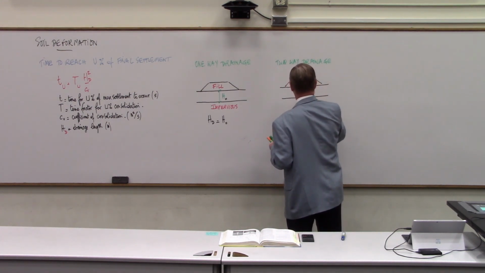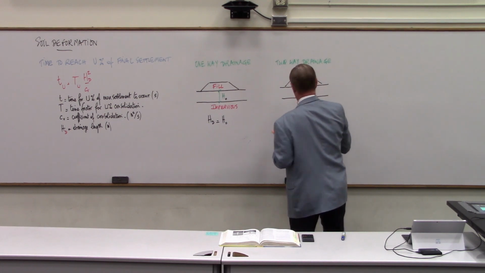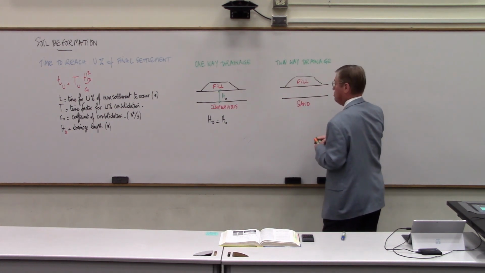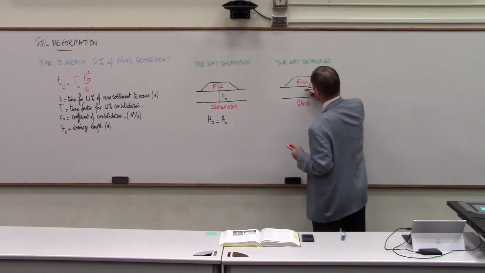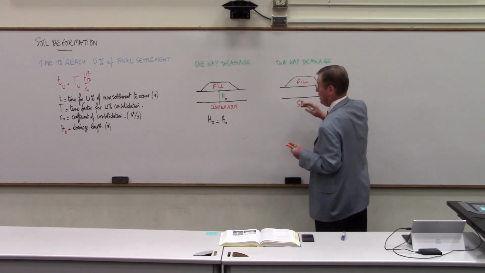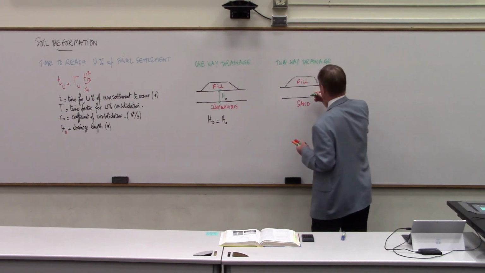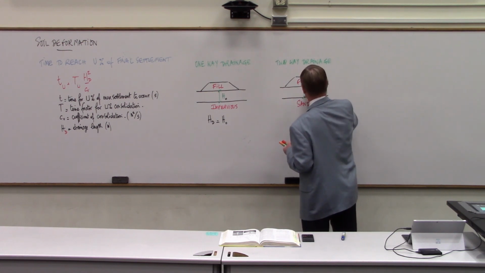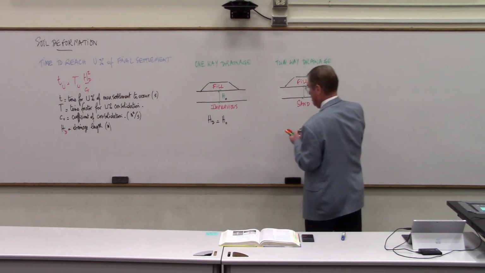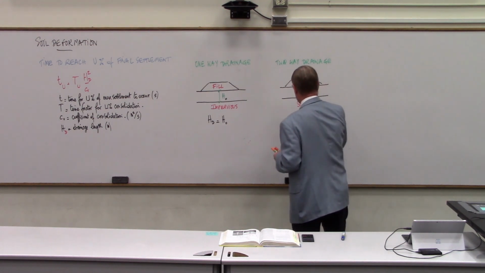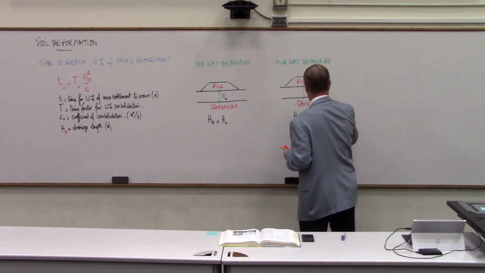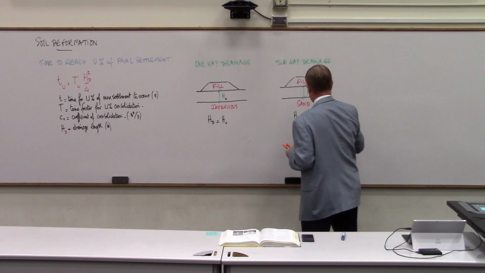But this may be sand in here. So in this case, you can see that the water that's in the center can drain down or up. Right here it goes up, right here it goes down. So the length of the drainage is equal to 1/2 of H0. So here I have H0, and in this case, the drainage length, HD, is equal to H0 divided by 2.